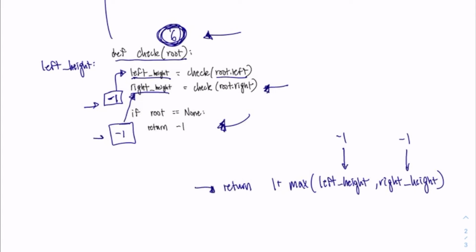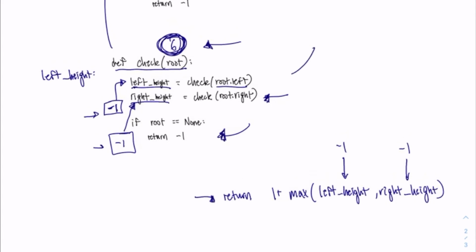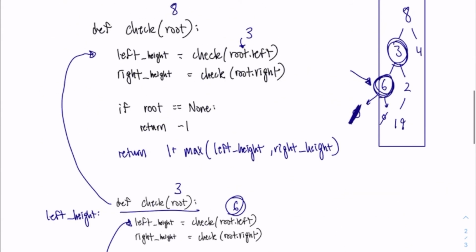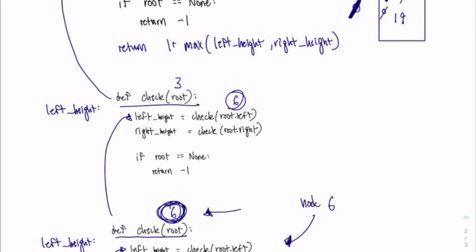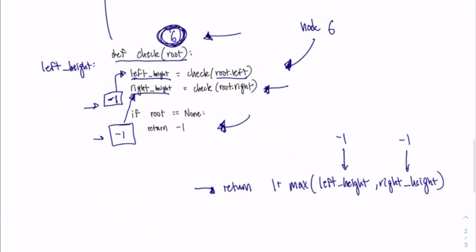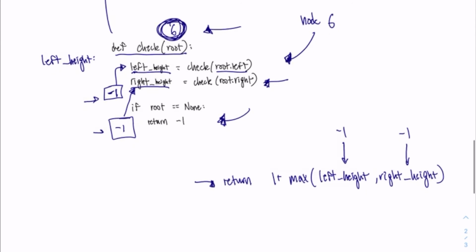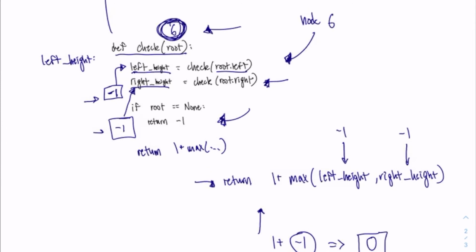And this iteration that we're doing right now is only applying to 6, so we're only working on node 6. So check root is return 1 plus whatever max, and this return statement will output 1 plus -1, since -1 is the maximum of -1 and -1, which equals 0.